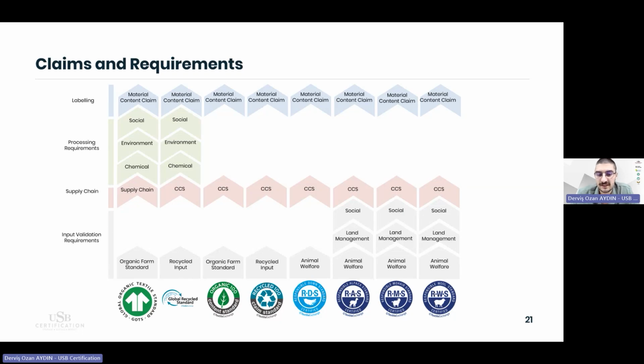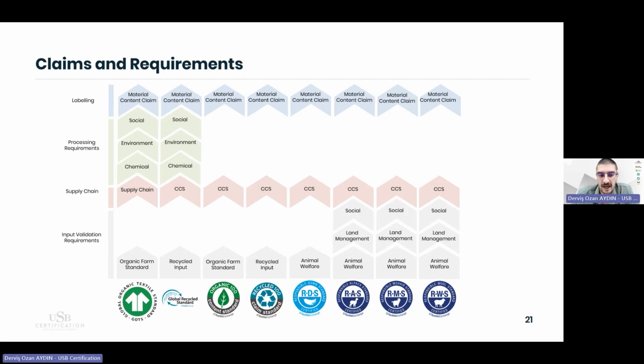The inputs of these standards are recycled inputs, and RDS, RAS, RMS, and RWS standards are about animal welfare. The inputs are about animal welfare. And also under the responsible animal standards, land management and social requirements about the input validation requirements have to be ensured.